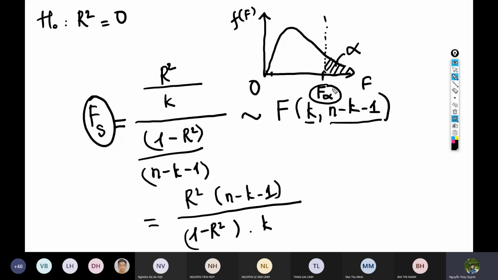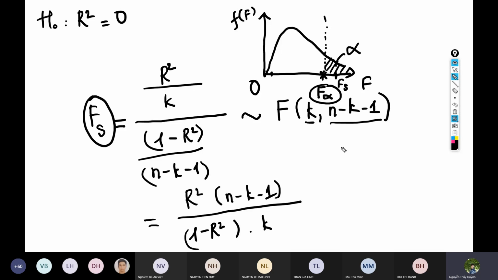And if the observed value of F is far enough away from 0, which means it must be greater than the critical value, greater than this point, in that case we can reject the null hypothesis.